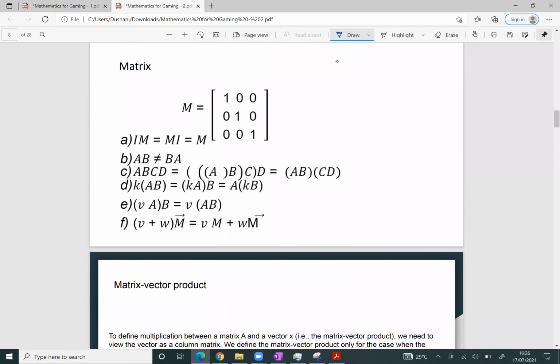Okay, now let's come to matrices. A matrix is a rectangular array of numbers arranged into rows and columns.